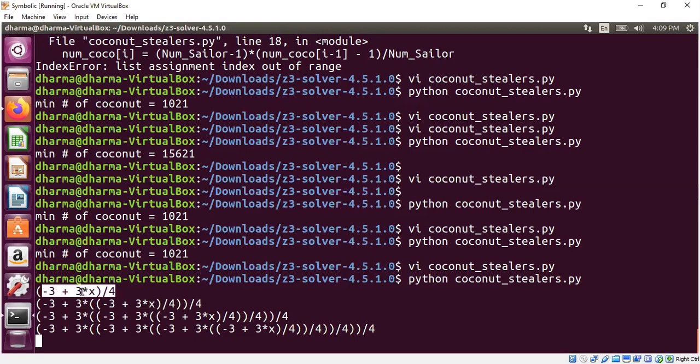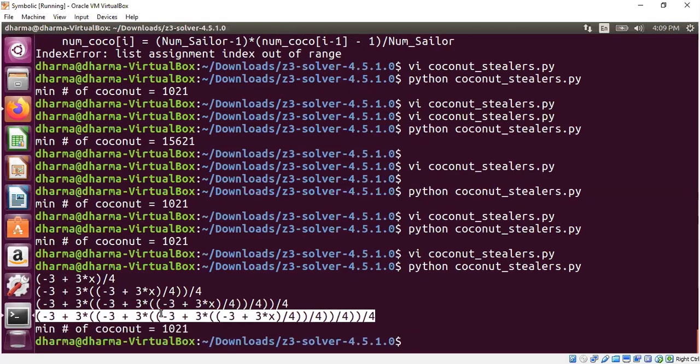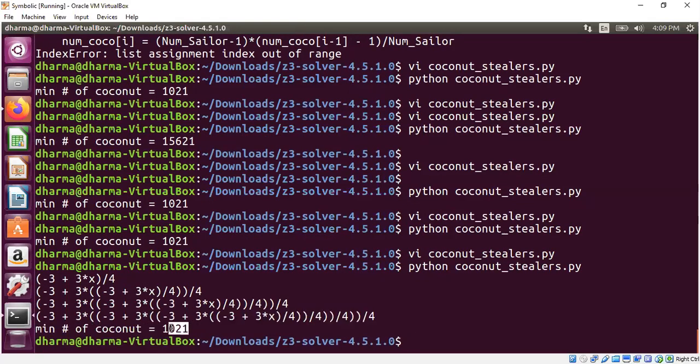If you take the 3 common, you will see what I mean. 3(x minus 1) by 4 you will get from here, and then the last part shows in the morning when they wake up. This is the expression they have to solve, essentially. Divided by 4, they get a remainder of 1, and this is what the SMT solver is actually solving for us. So it found 1021 is the minimum value for x to satisfy this equation.